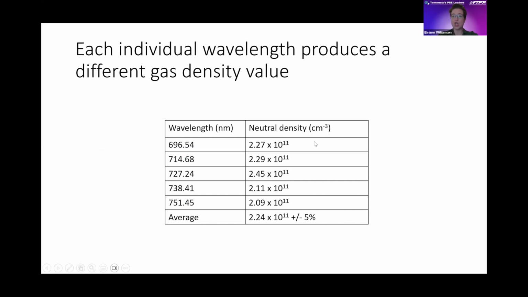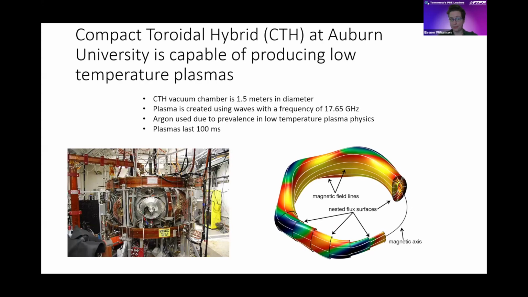So we can get one neutral density for every single wavelength in that spectrum. And so here is a series of wavelengths, and we get a 5% standard deviation across the collection, which for plasma physics is an incredibly low number. All right, so we have a diagnostic, now what? Let's use it.